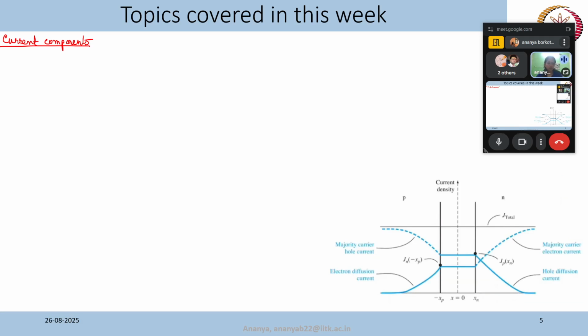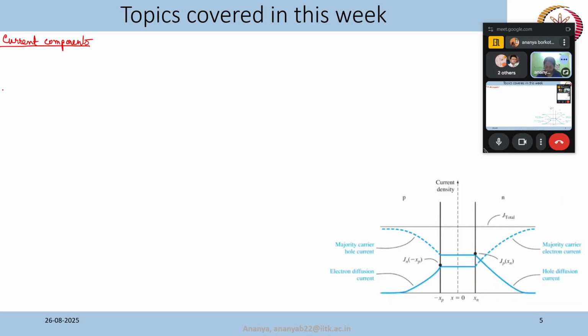How does the Fermi level vary? If we apply positive bias, our Fermi level goes below because the number of electrons is decreasing. And if we apply a negative potential, we are supplying some electrons, so overall the Fermi level goes up. Our Fermi level is not constant, we are not in equilibrium. So when we are not in equilibrium, there is some current.